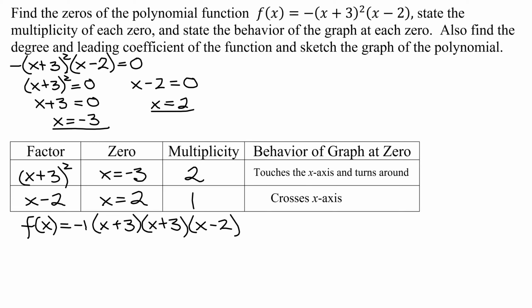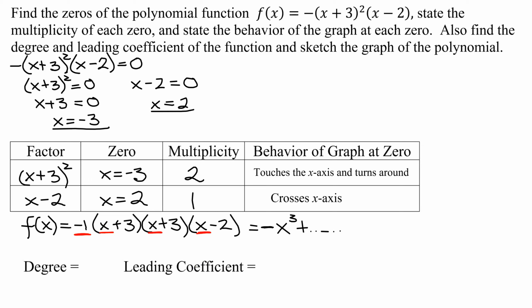And if I actually multiplied these out, where would the highest degree term come from? It would come from multiplying negative 1 times x times x times x. And if I multiply all of these together, I'm going to get negative x cubed plus a whole bunch of other terms of lesser degree. So the only one I'm interested in is my leading term of negative x cubed.